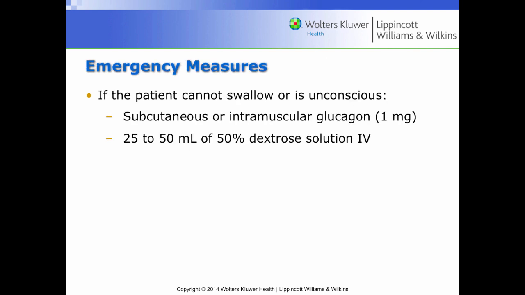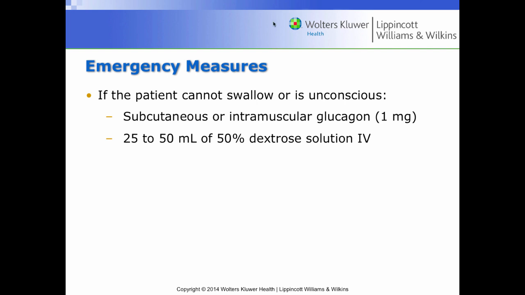If the patient falls unconscious and cannot swallow, the preferred treatment is a glucagon injection. If you give someone glucagon, it will elevate their blood glucose and they'll regain consciousness. Also, giving some dextrose water, so D5W, 25 to 50 mL IV, will also replace some of the glucose.